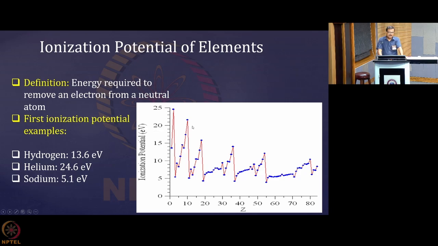Then you come to neon, and then argon, krypton, xenon, radon, like that it moves on, and the ionization potential gets lowered because your levels are increasing. So as the orbit distance from the nucleus becomes more and more, the influence of the nucleus becomes less, so it is easier to pull out the electron. So that is how the ionization potential goes.